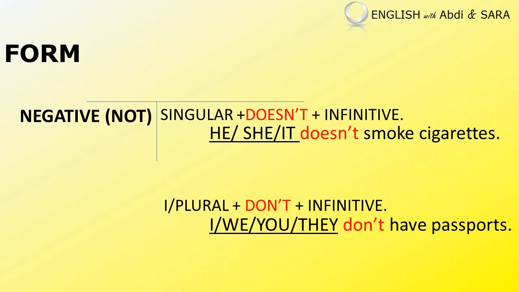He, she, or it doesn't smoke cigarettes. Otherwise, if the subject is plural, we will use I or plural plus don't plus infinitive. Example in a sentence: I don't have a passport.